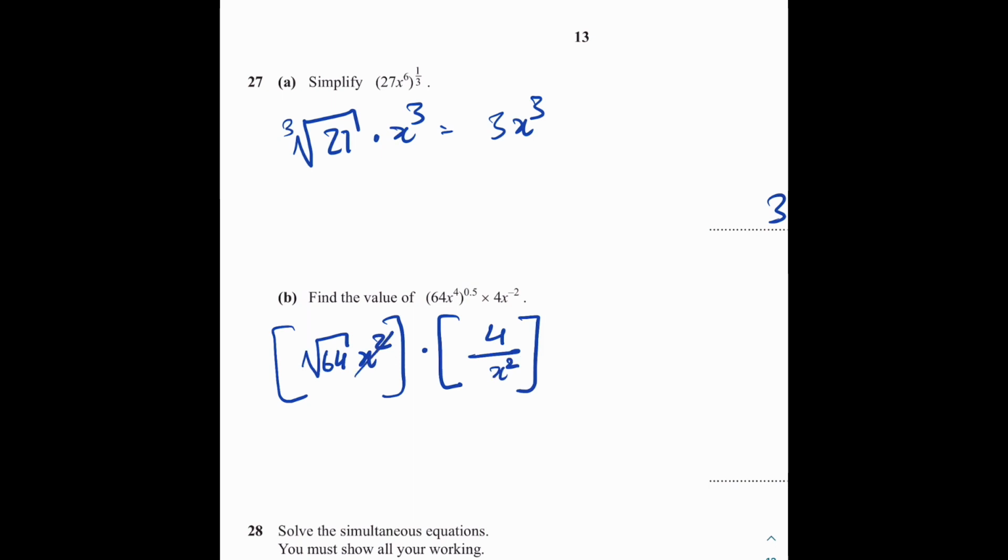The x squared and the x squared cancel out. Square root of 64 is 8. So 8 times 4 is 32. So the answer is 32 here.